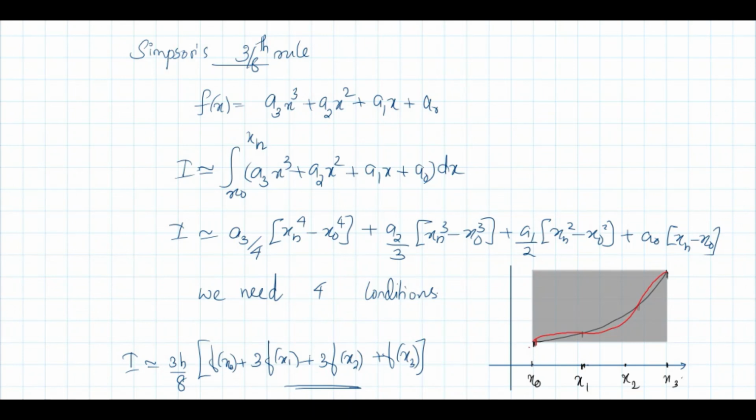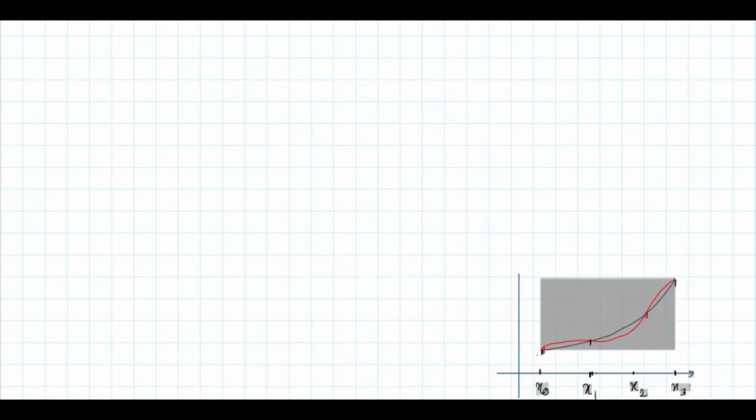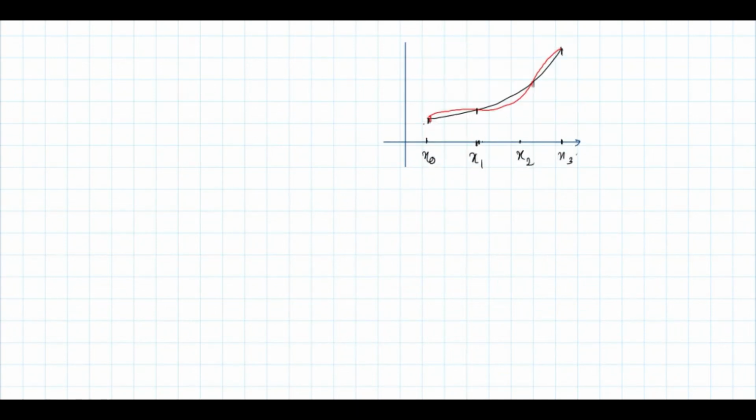Again, if you take a multiple segment rule, what will be the condition? The number of segments should be a multiple of 3, because when you fit a cubic, you should have 3 segments. This is the width of one segment, h. So total width is 3h.